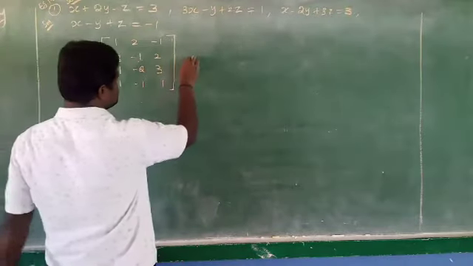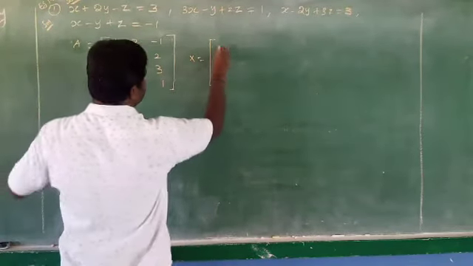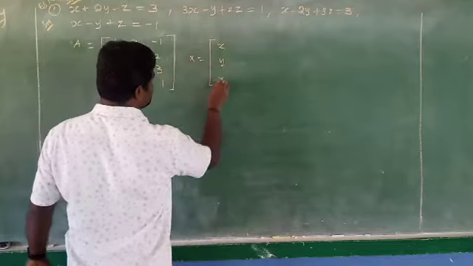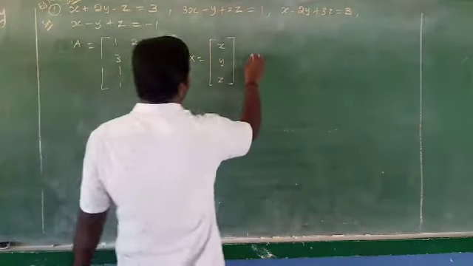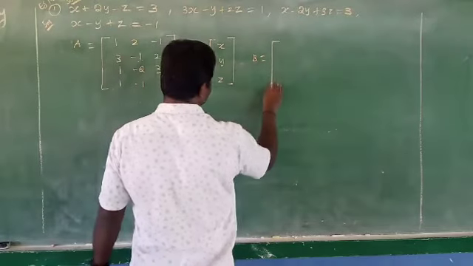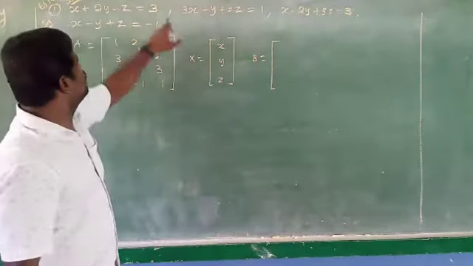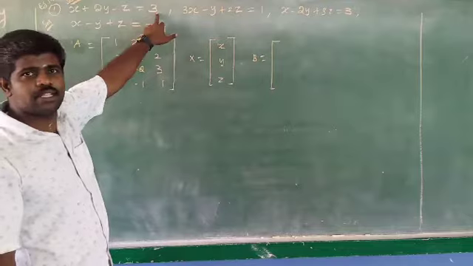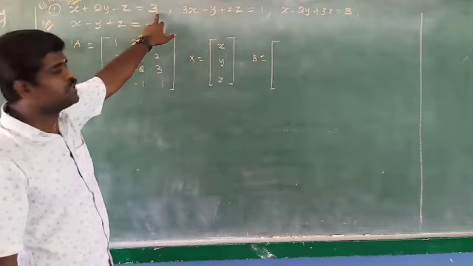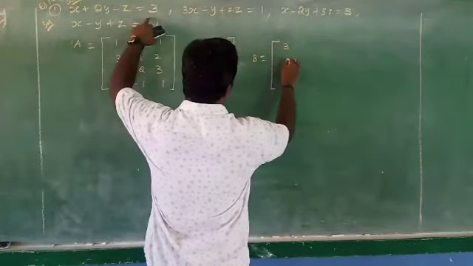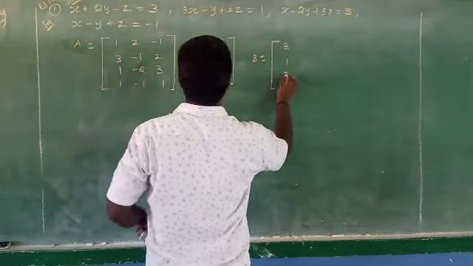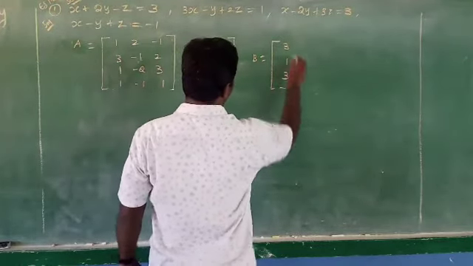And what is the X matrix? The unknowns form the X matrix in a column. And the B matrix is what? The right-hand side elements form the B matrix in a column: 3, 1, 3 and minus 1.